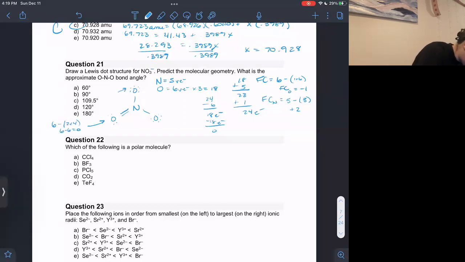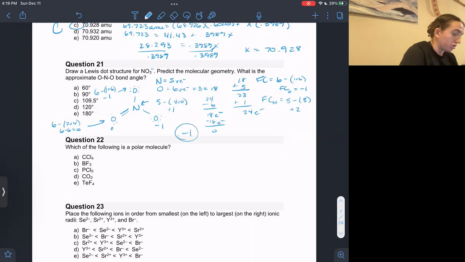This formal charge would be 6 minus 1 plus 6, so that would be -1, which would also be -1 over here. And this formal charge would be supposed to be 5, is actually 4 plus 0 because there's no lone pairs, and so that's a +1. And so we have 0, -1, +1, -1, and that comes out to equal -1, which is what we want all of our formal charges to come out to. So that's our best Lewis dot structure for NO3 minus.